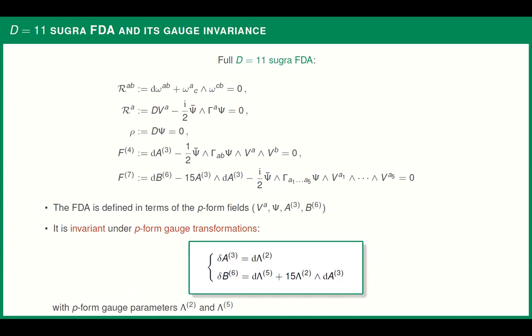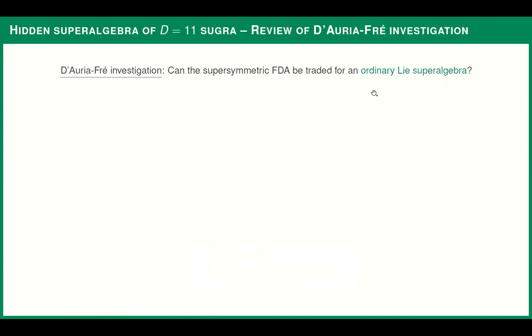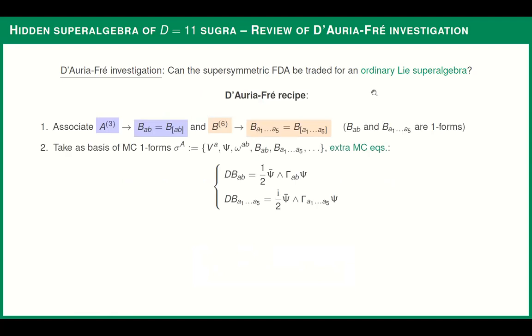So this is again the free differential algebra in 11 dimensions. It involves this field, and it is invariant under the form gauge transformations, given in terms of a two-form gauge parameter and a five-form gauge parameter. So the double investigation was this one.